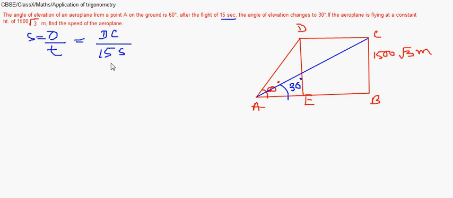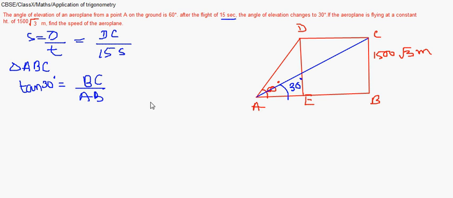We have been given two triangles. One is this triangle ABC. If you apply the trigonometric ratio to ABC, I can take a relation which says tan 30 is equal to BC by AB.